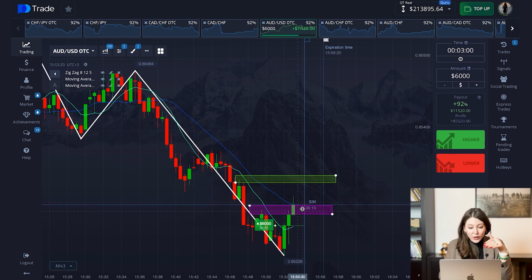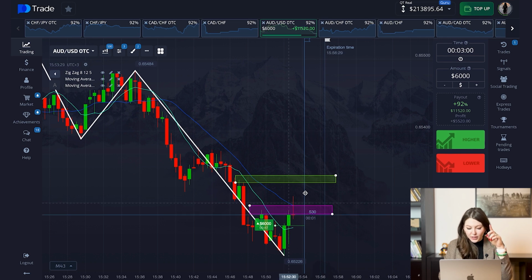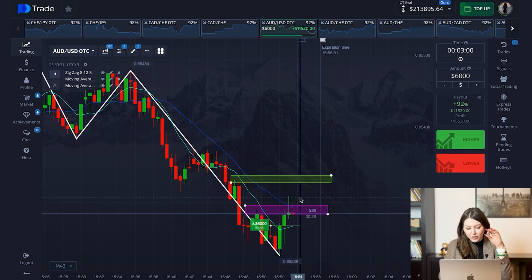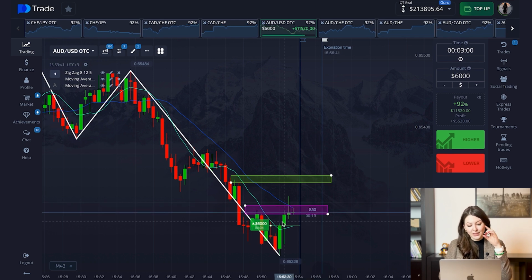We're also testing our resistance zone, as I already told you, and we're going upwards, but now we have a chance of going downwards, because we have this candle with zero volume and a big tail that can show us we probably can go downwards, but the second candle is still trying to grow.